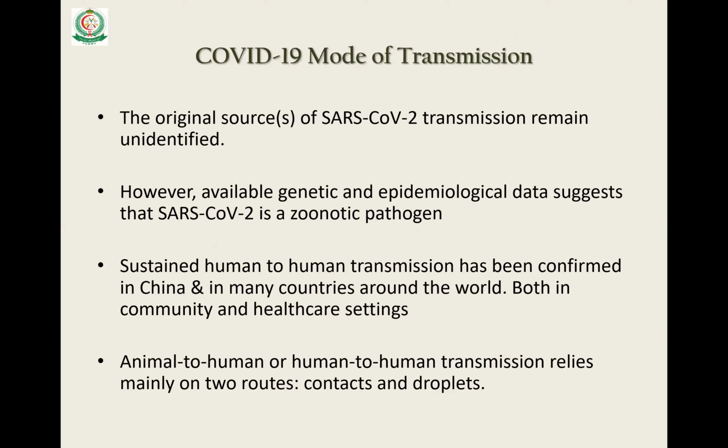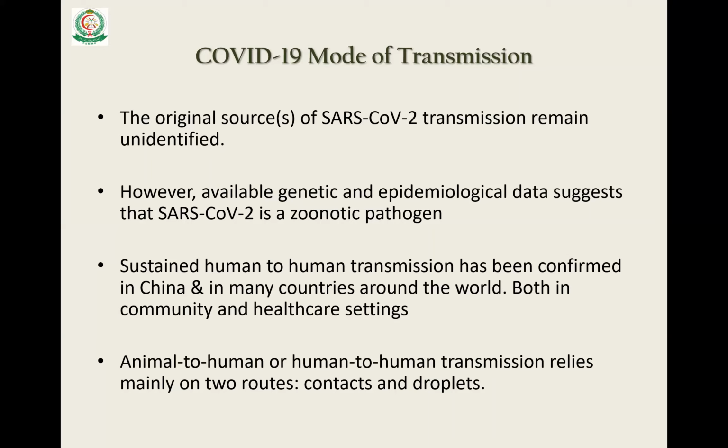The mode of transmission of COVID-19: the original source remained unidentified, but it is believed to be due to bats. Whether the infection occurred directly from bats to humans or there is a spillover from the bats to another intermediate host is not yet known.